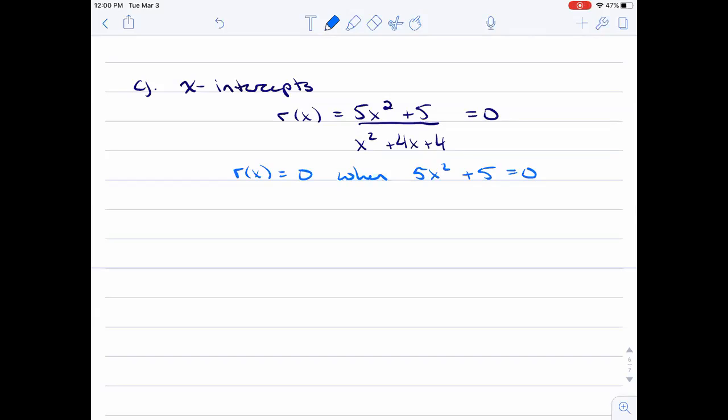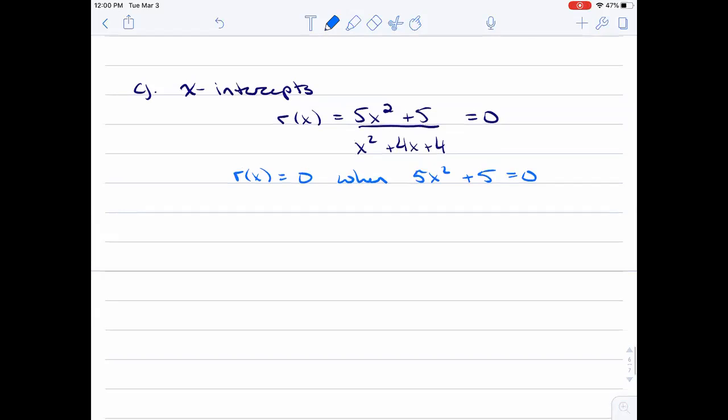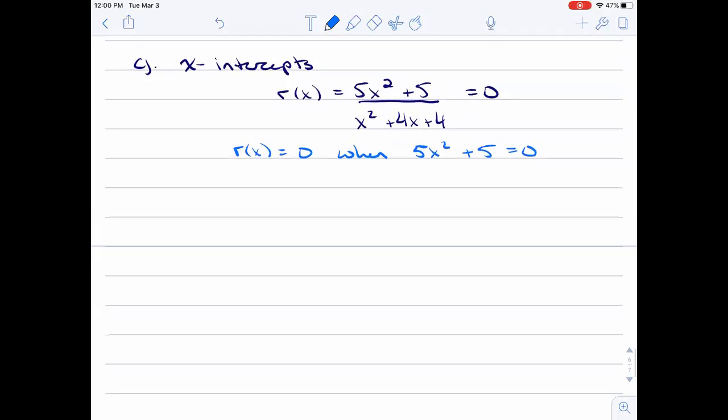So 5x squared plus 5 is going to be 0 when, and you can absolutely use the quadratic formula here if you wanted to.